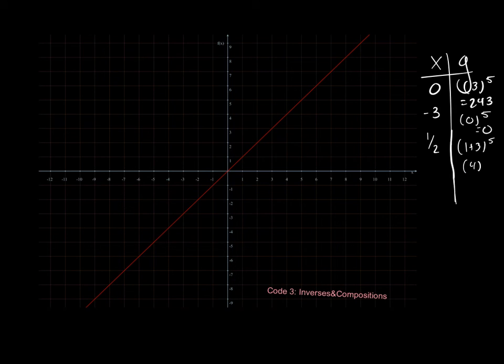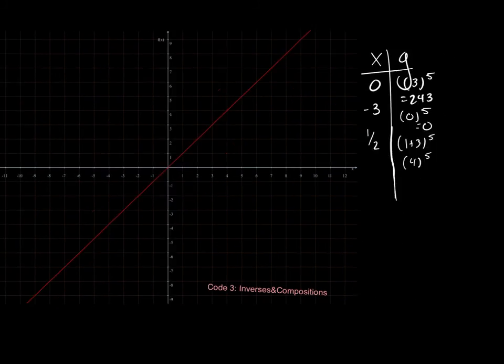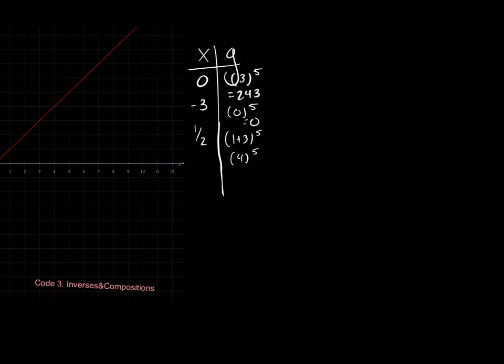That's 4 to the 5th, which would be 64 times 16, which is 256 times 4, so that would be 1024, right? Yep, 1024. Okay, so these numbers are very, very large if you haven't gleaned onto that yet.